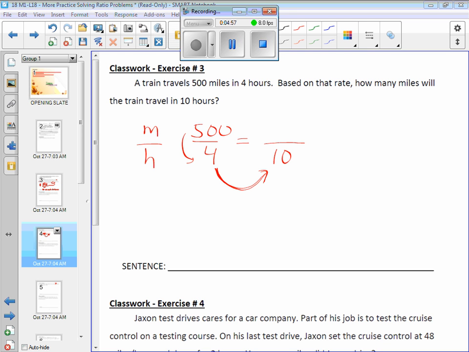First of all, does anybody know 4 times what makes 10? 2.5. It happens to be 2.5. Okay, now watch. Let's do it this way first. Because you could definitely multiply a whole number times a decimal, get me an answer for 500 times 2.5.